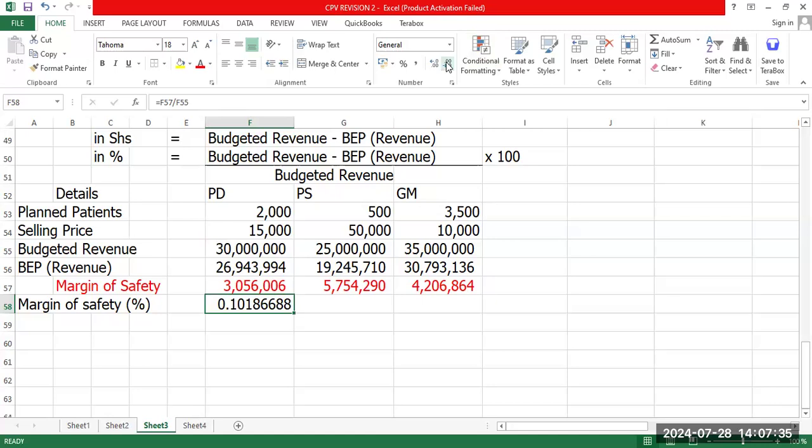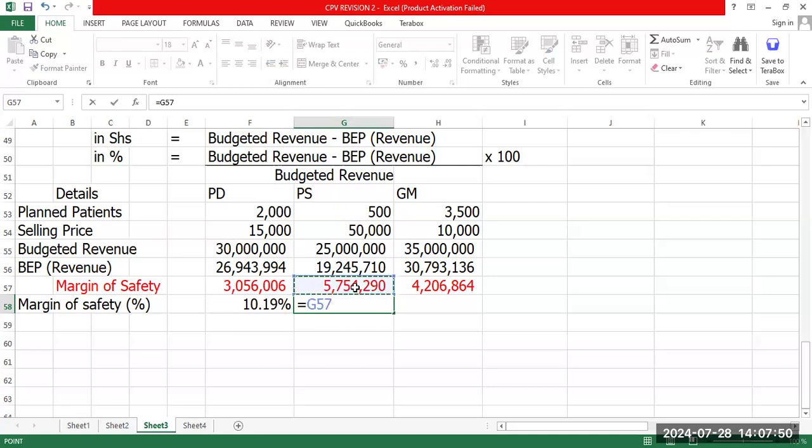If I round off, let's say to 2 decimal points, we just put in a percentage. Then I do the same here. Colleagues, are you getting the way I'm doing it? How to get margin of safety in percentage? You follow this formula. Budgeted revenue minus break-even point revenue is your margin of safety in shillings.